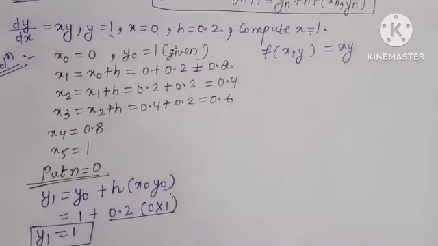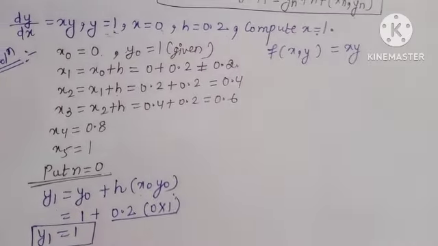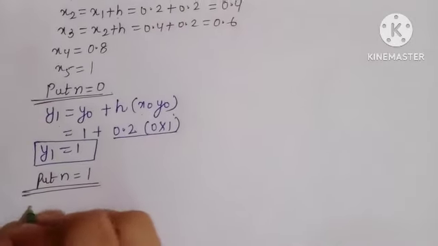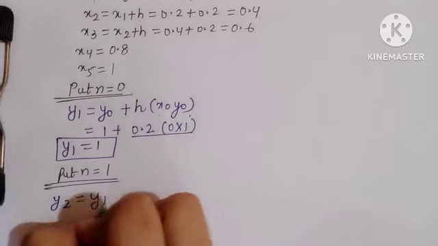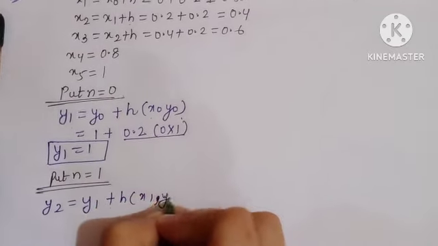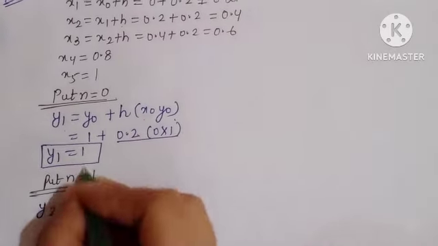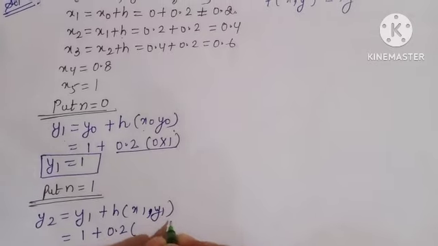Like this, put n equal to 1. y2 will become y2 equal to y1 plus h f(x1, y1). So y1 is 1 plus h is 0.2 into f(x1, y1).